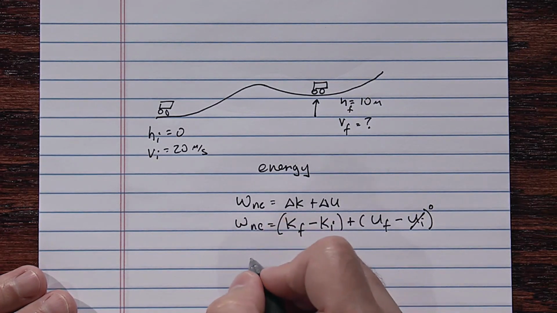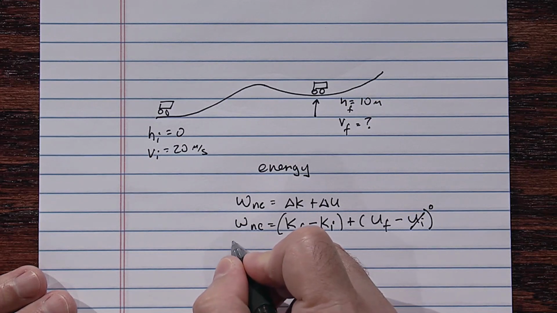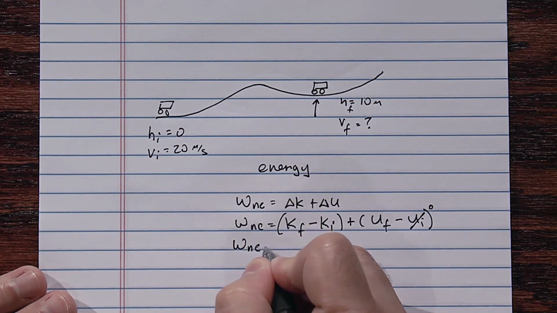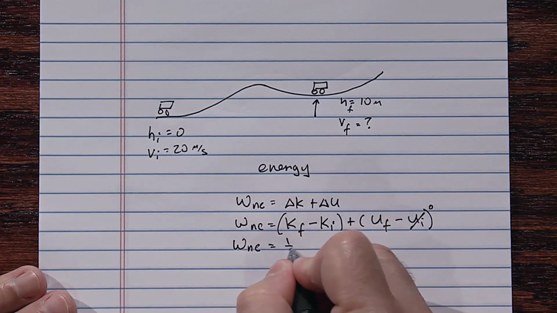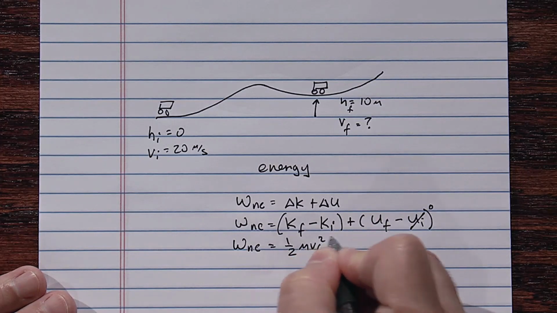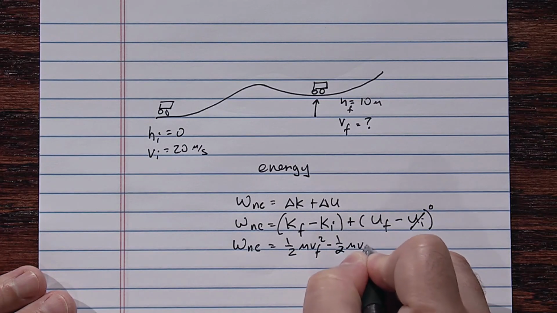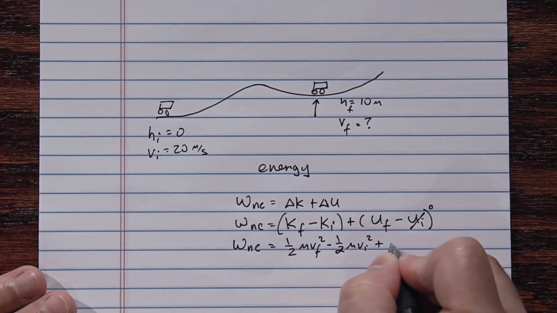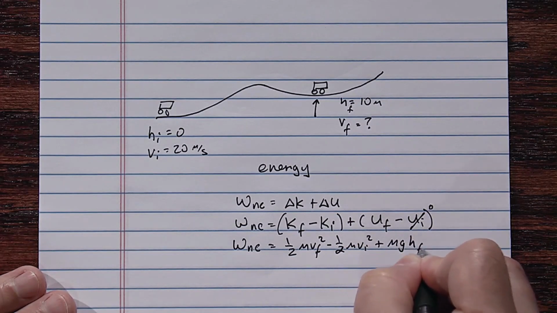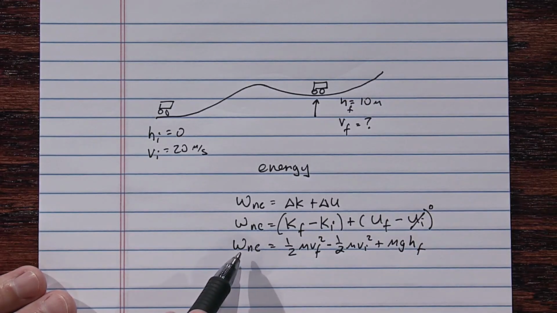And so we have work done by non-conservative forces is equal to 1/2 m v final squared minus 1/2 m v initial squared plus m g height final.